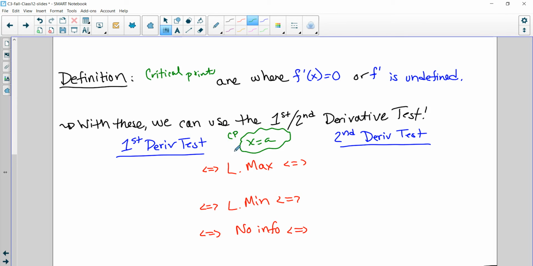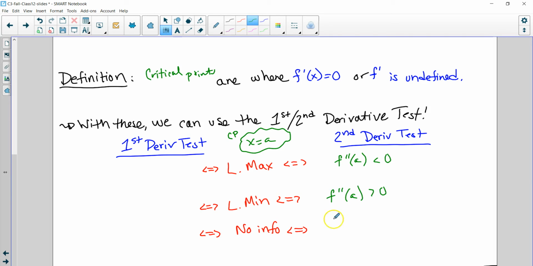Okay, what I would do, and honestly the second derivative test is nicer if we're able to compute the second derivative quickly, but we would have a local max if the second derivative at our value that we suspect is a critical point is less than 0. Okay, and a local min if the second derivative is greater than 0.